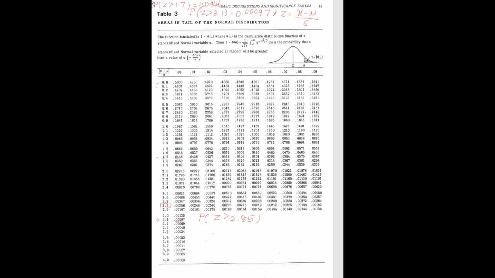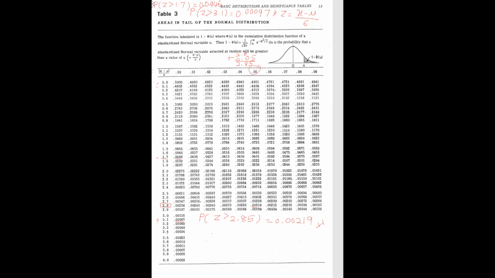That means 2.8 plus 0.05 gives you 2.85. So 0.05 is here, 2.8 is here, so your answer is 0.00219.